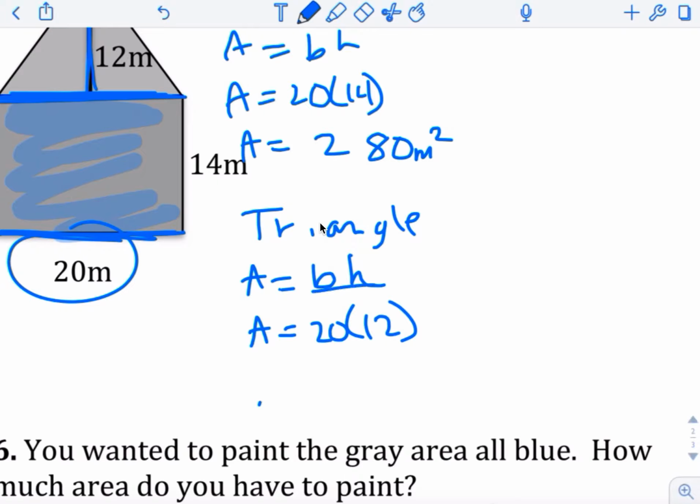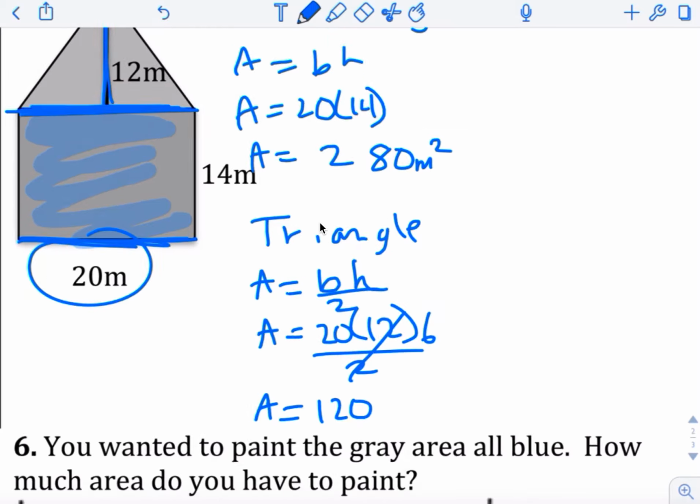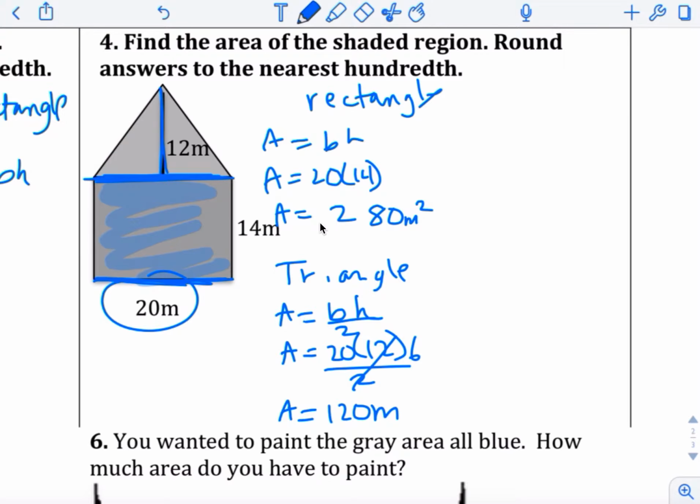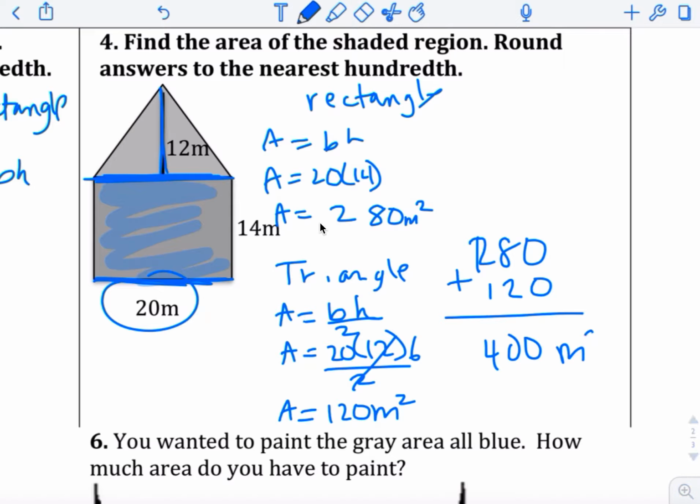So divided by 2. Don't forget to divide by 2. You get 120. That's 6 times 20, which is 120. Easy, right? Then you add it together because they're all shaded. 280 plus 120 is 400 meters squared.